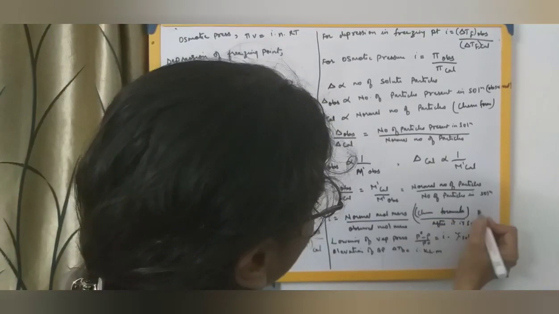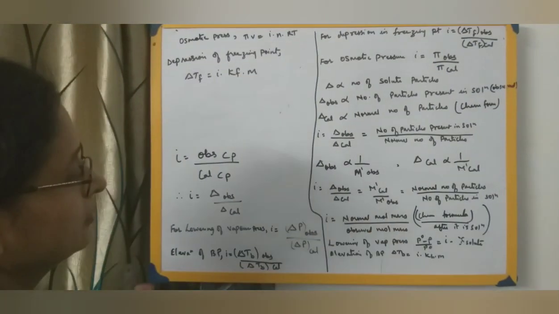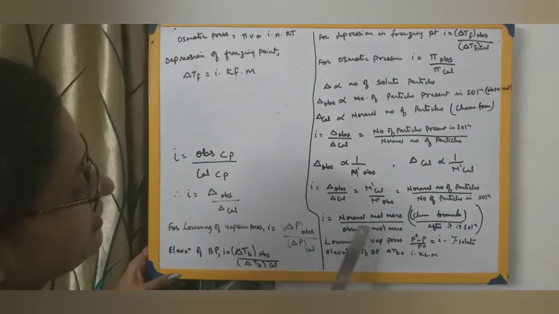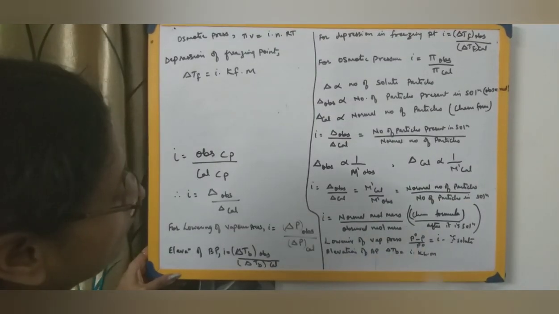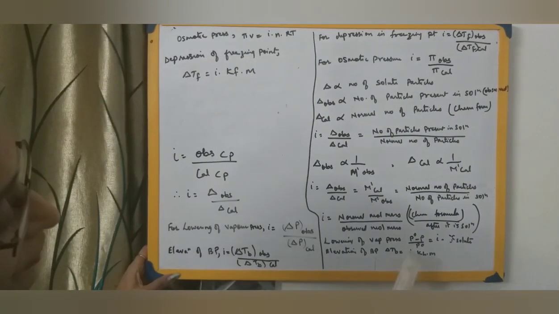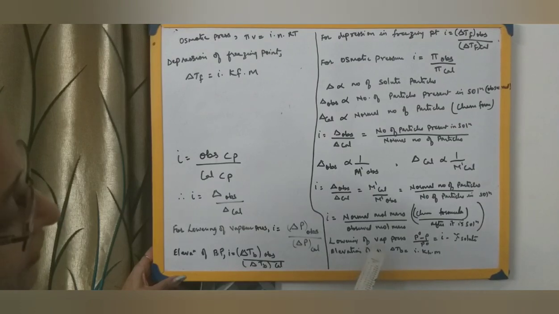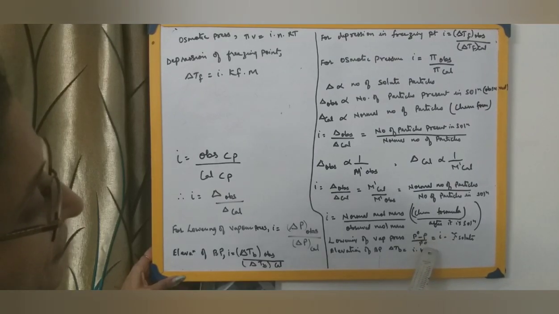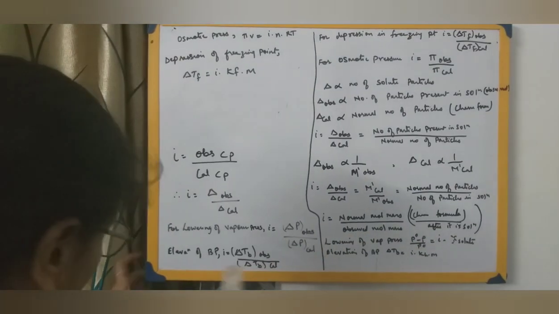So this is just for your understanding, but the equation for i is what? We represent i as normal molecular mass upon observed molecular mass. Now we have studied the 4 colligative properties. One of them was the lowering of vapor pressure. For lowering of vapor pressure, we got a relationship that is P0 minus P upon P0 is equal to chi of solute.